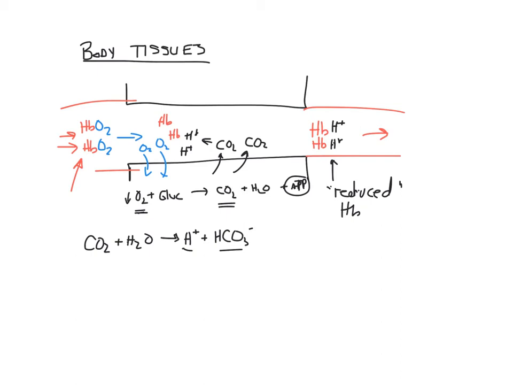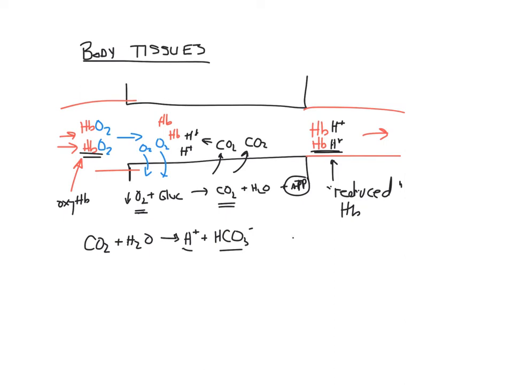Okay, so as it comes in, you had oxyhemoglobin over here, it dropped off its oxygen, CO2 was going into the blood, reacting with water to create H plus and bicarbonate ions. The H plus is now picked up by the hemoglobin and it's now leaving basically as an attached. So pH is not altered.